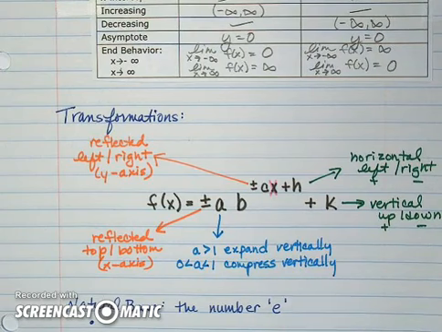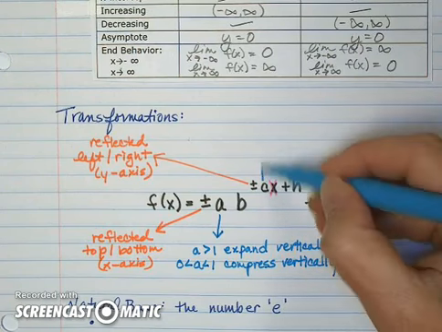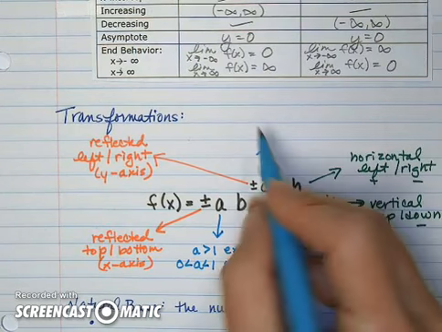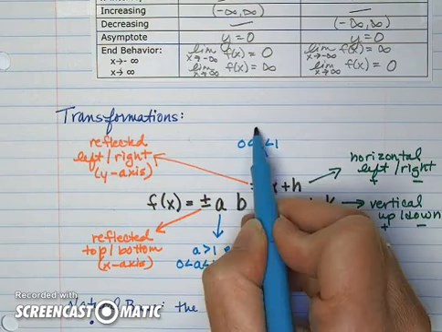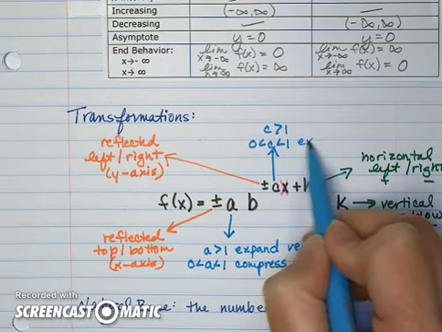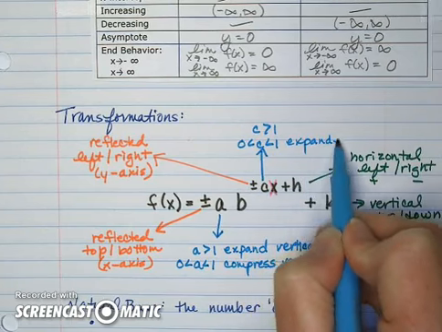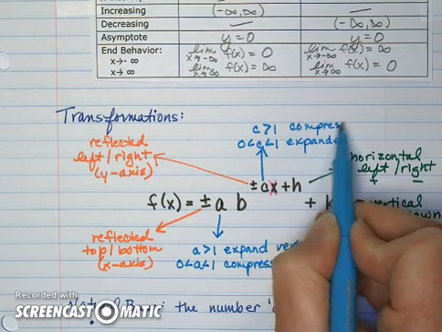So the C that's up with the X, that's it compressing and expanding it horizontally. Let's do that one. So if C was between 0 and 1, or if C was greater than 1, this expanded here, and this was compressing horizontally.